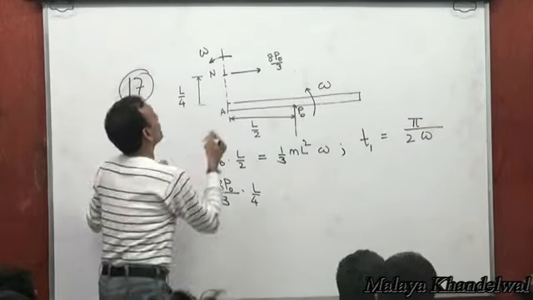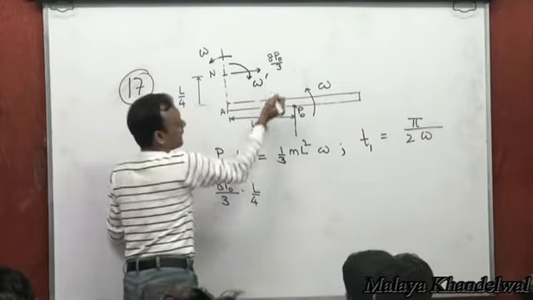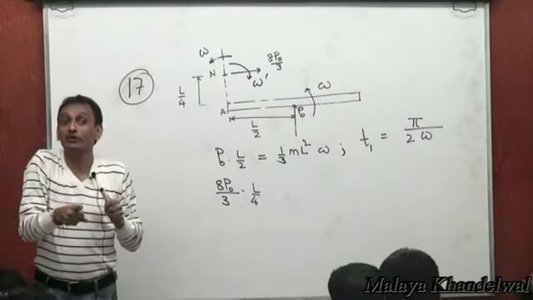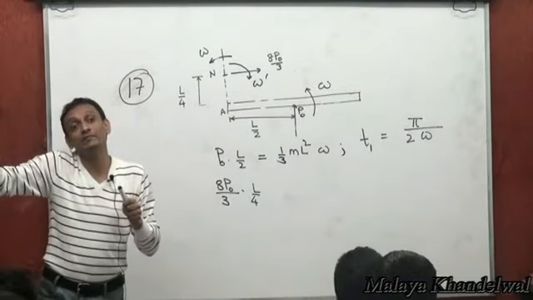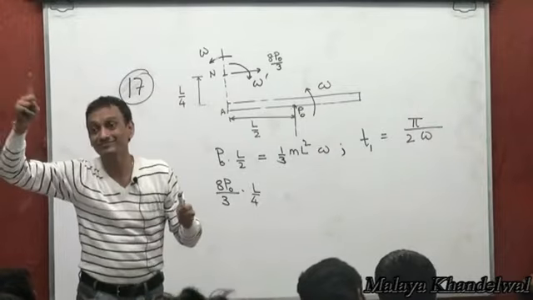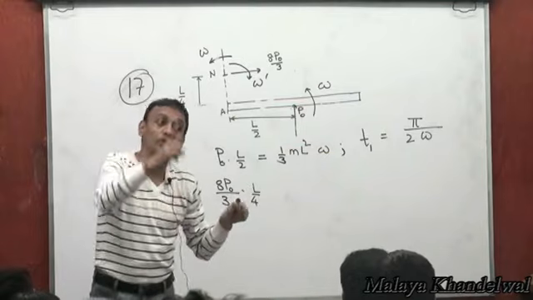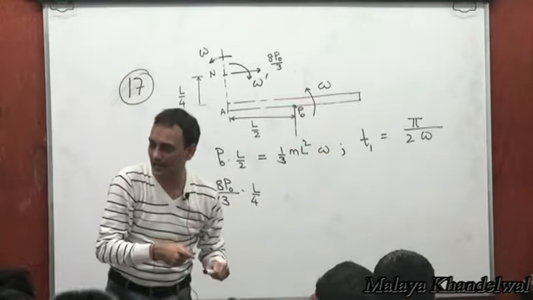Final clockwise angular momentum means, let's say, the new angular speed obtained is omega prime. So final clockwise angular momentum is going to be I omega prime. Initial clockwise angular momentum would be minus I omega, since it's anticlockwise. So final clockwise angular momentum minus initial clockwise angular momentum.